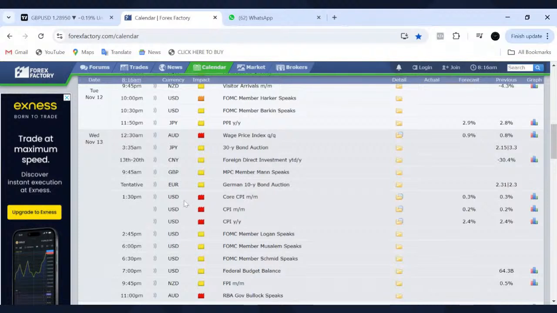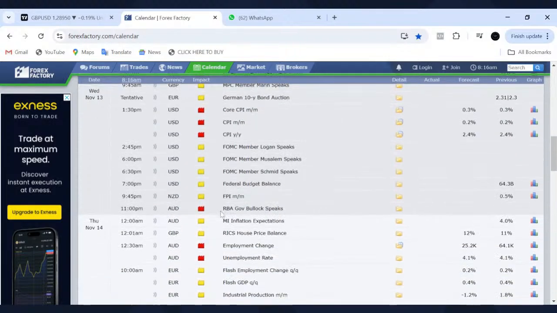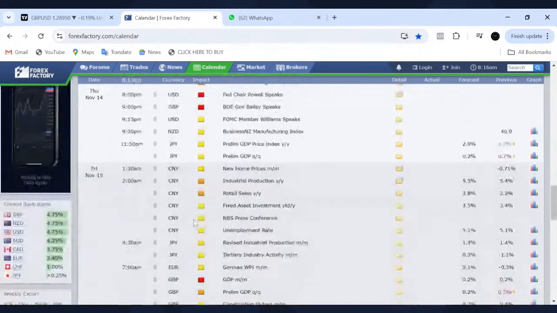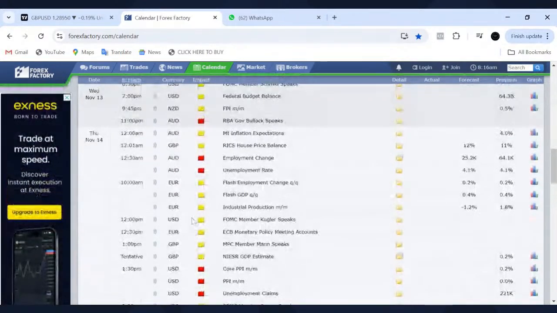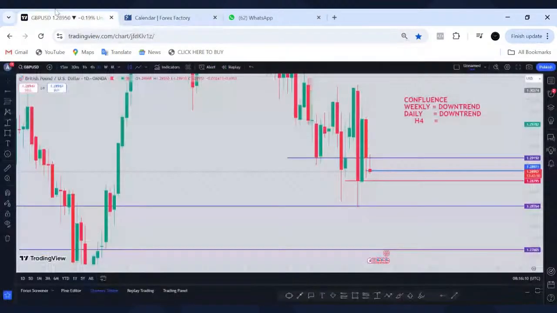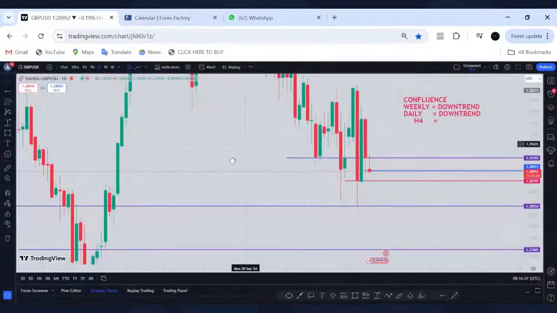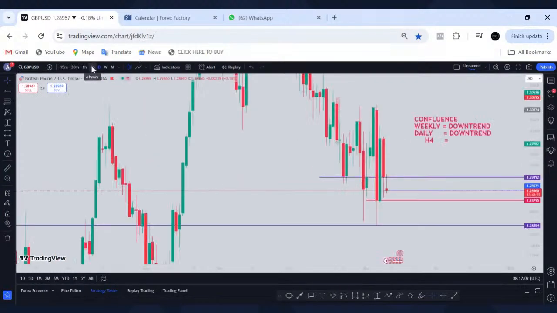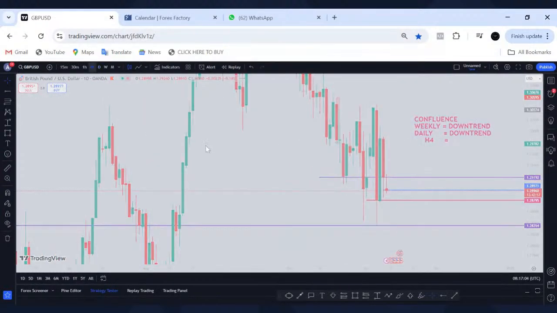We need high impact news for it to break through the zone. So CPI might do the work. CPI on Thursday might clear out the zones, giving us better zones and a trade.